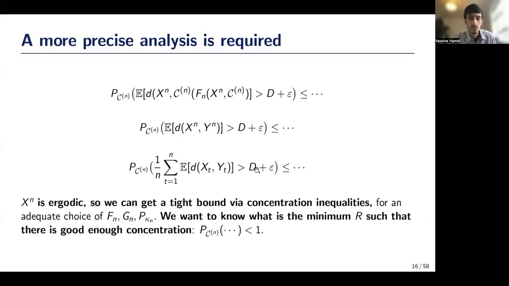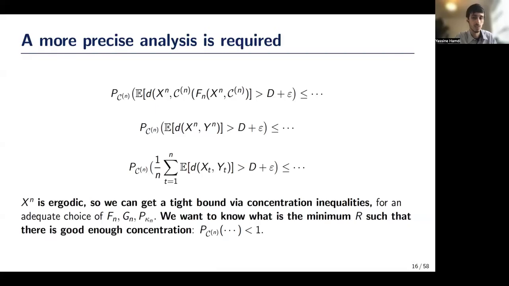So to study this kind of probability is what we call in general using a concentration inequality. So concentration means essentially the law of large numbers. There are many tools to do this.